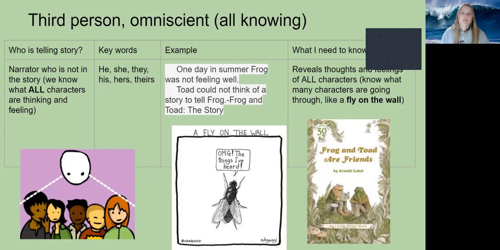And you also know that the dwarves are hardworking and helpful. These things you know because you are omniscient. You're all-knowing of all the characters. And the nice thing is, by reading these, you know what's going on. However, it doesn't leave much mystery because you know what's happening all the time.